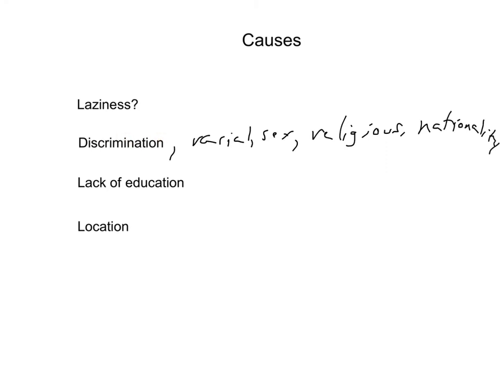And this stuff in employment is not legal, okay, but it does happen. It may also be because of a lack of education, whether it's because of poor schools, or lack of means to attend university, things like that.